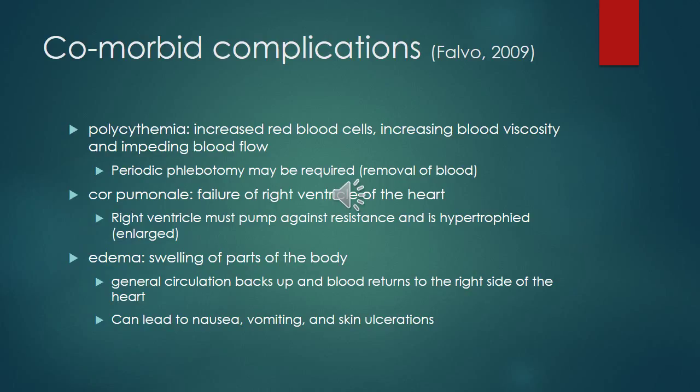And so the right ventricle of the heart must pump against what seems to be resistance within the body, and so the heart becomes enlarged as a result of it. And associated with that enlargement of the right ventricle, you may be experiencing edema or swelling of different parts of the body. So the general circulation backs up and blood returns to the right side of the heart.